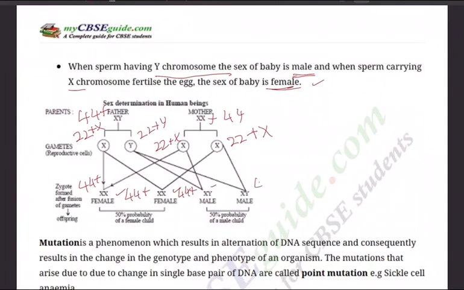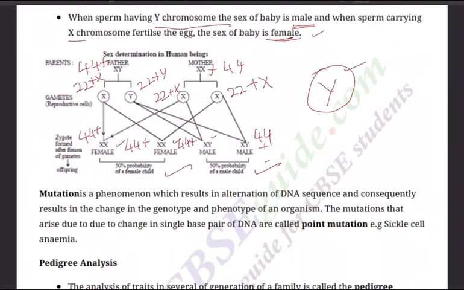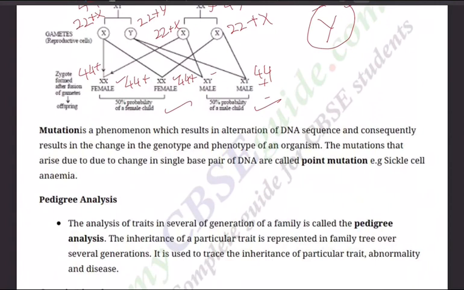And similarly 22 plus Y with 22 plus X, 44 plus XY, male. That means you get a 50% probability of a female child and a 50% probability of a male child. So who is actually deciding the sex of the baby? It is the sperm carrying the Y chromosome. So this is the deciding factor. If the Y chromosome is present, it's a male. If the Y chromosome is absent, it is a female.